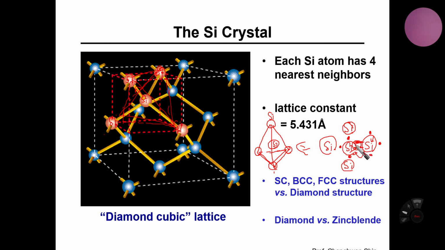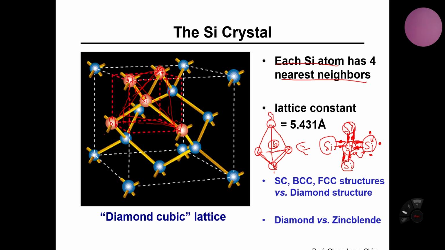That's the reason why silicon is a very solid type of material. Therefore, you can imagine that all the silicon-to-silicon bonding is based on covalent bonding. Each silicon atom has 4 nearest neighbors, and with those 4 neighboring silicon atoms, the silicon atom at the center can build up covalent bonding.